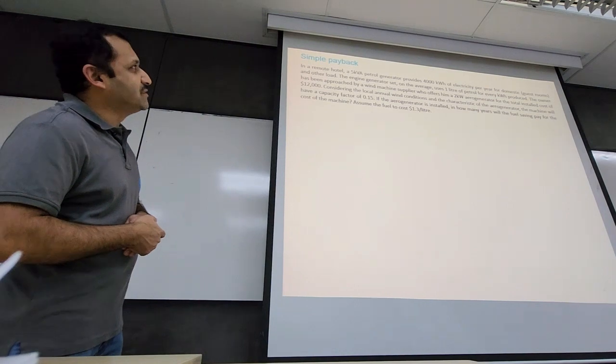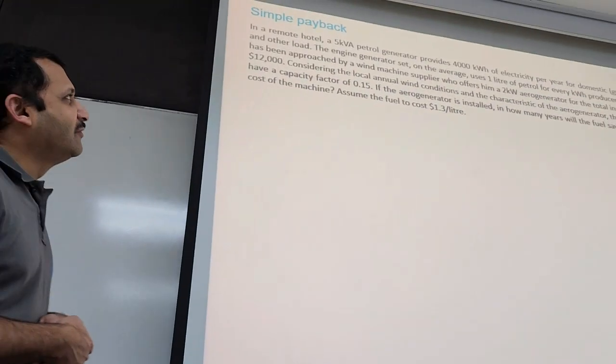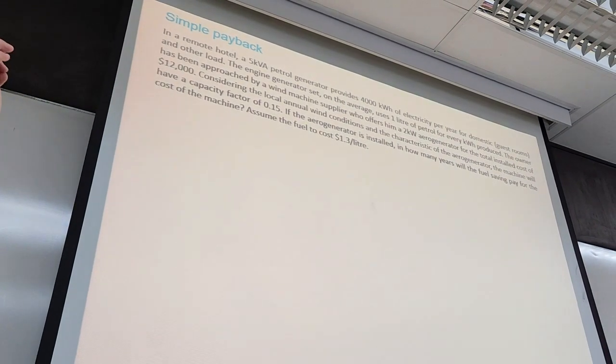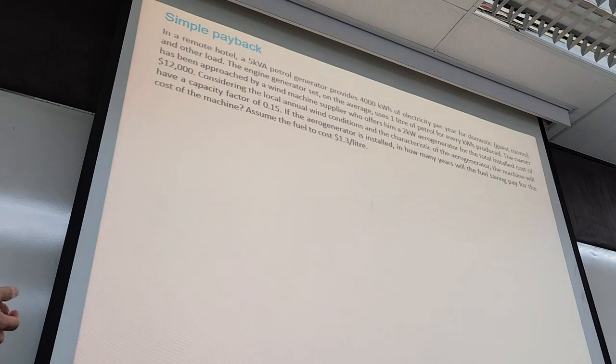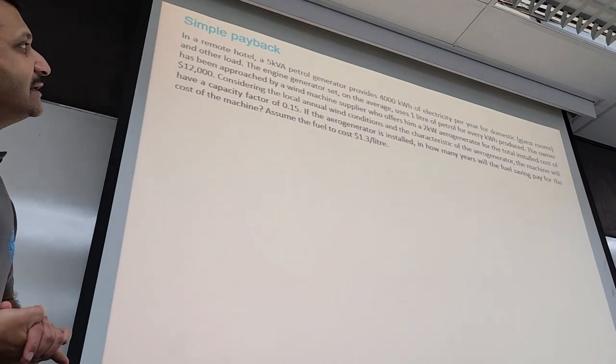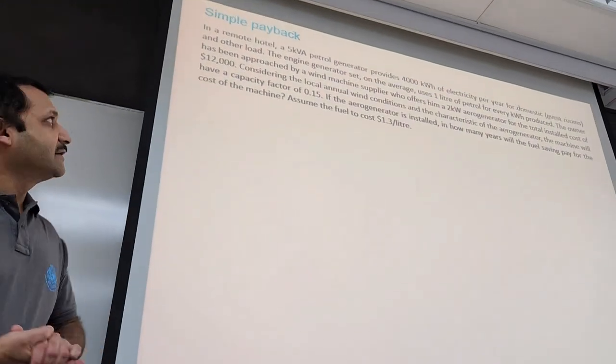The engine generator set on average uses 1 liter of petrol for every kilowatt hour produced. The owner has been approached by a wind machine supplier who offers him a 2 kilowatt aero generator for the total installed cost of $12,000. Okay?